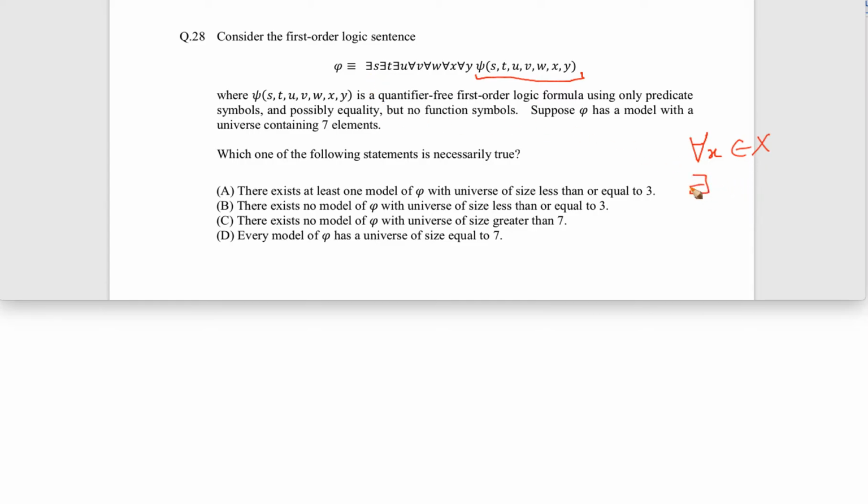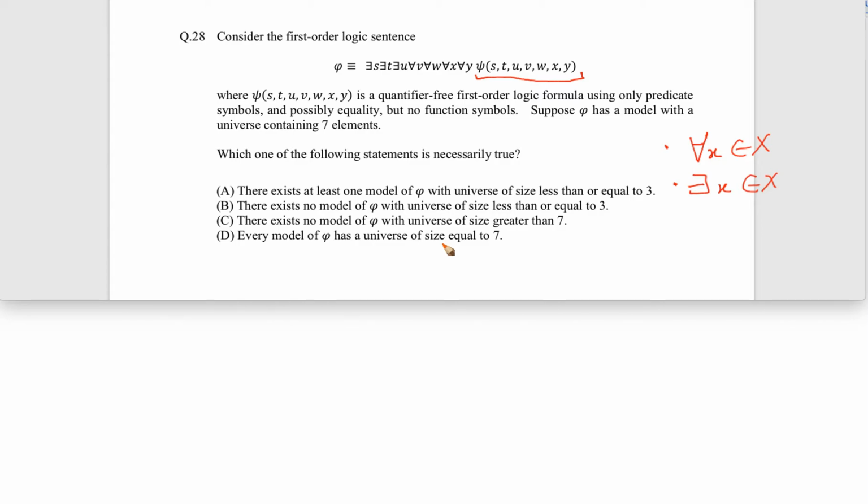And when you talk about there exists x belonging to X, what do you mean by that? If you understand just these two basic things, then you can derive what they're trying to understand, because these are just statements. There is not much to solve here. If you understand a particular scenario, then you will be able to figure out the correct option.